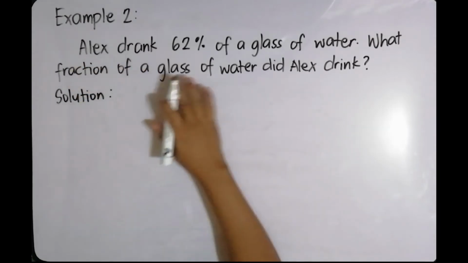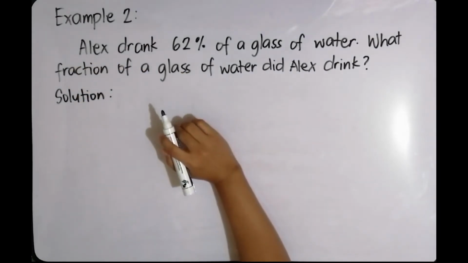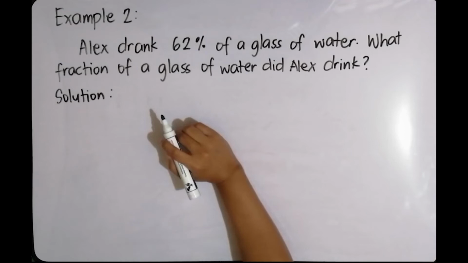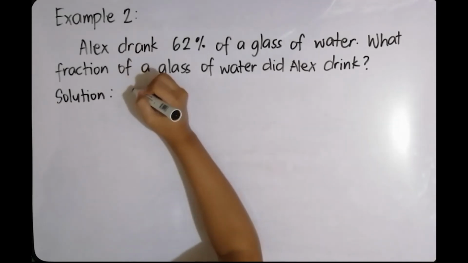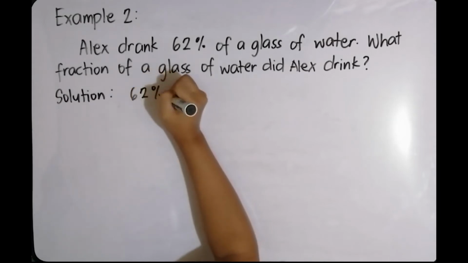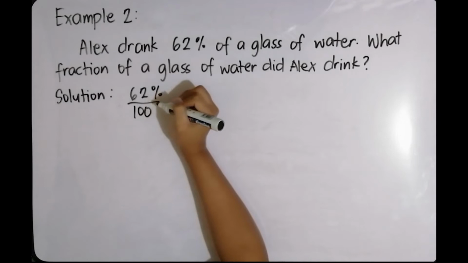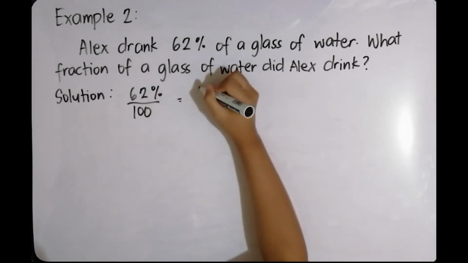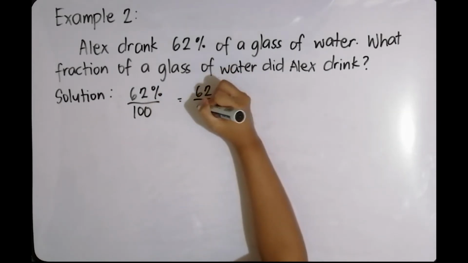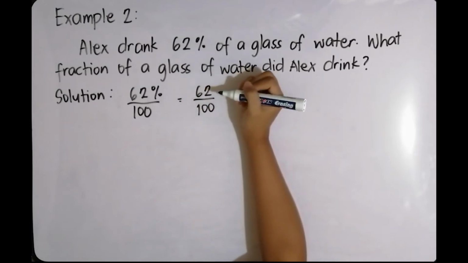To convert the percentage to a fraction, we first divide the given 62% by 100. So this becomes 62 over 100.